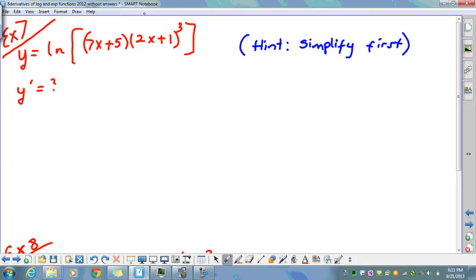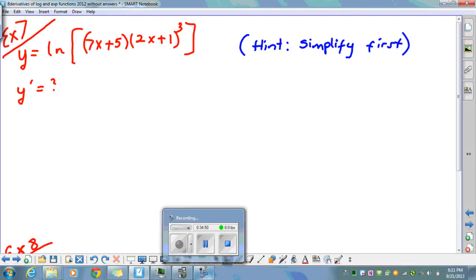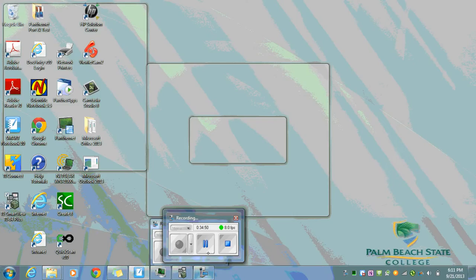If you don't simplify it first, you do the 1 over u, but when you do the u prime, you're going to have to use the product rule. Within the product rule, you have to use the chain rule. It gets very messy. So if you can simplify this, in this situation, write it as a sum or difference of logs, and then differentiate. It's going to be so much easier. So I'm going to give you a moment to do that. Please pause the video and then come back in a little bit.